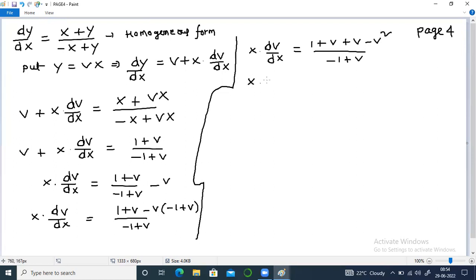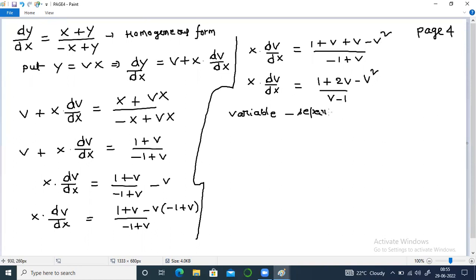So x into dv over dx is equal to 1 plus 2v minus v squared divided by minus 1 plus v. You can write it as v minus 1 if you want. So v and dv terms I'm making separate. Now what I'm doing is the variable separable method. From here onwards, I'm writing the variable separable method.